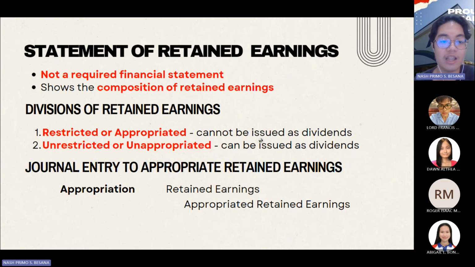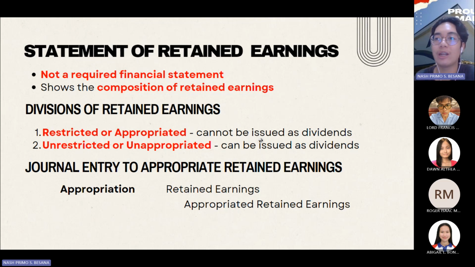Kapag naman unrestricted or in other words, free, tsaka unappropriated, dito tayo kumukuha ng dividends na pang cash, property, and share dividends. But if we find the need to appropriate retained earnings, what would be the journal entry? So appropriating retained earnings again is, for example, meron kang retained earnings na walang purpose.